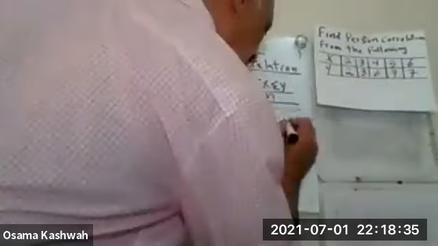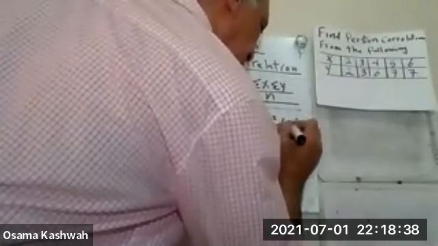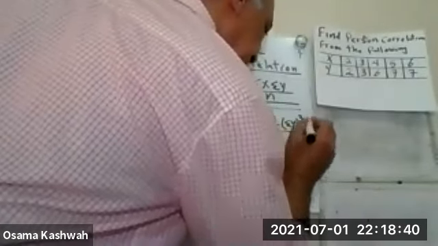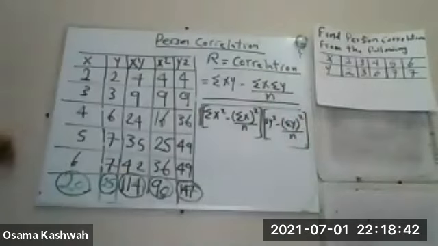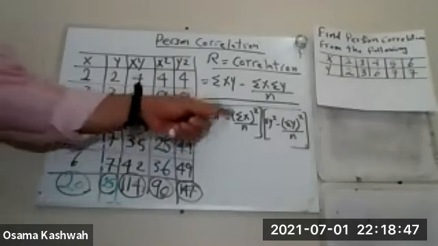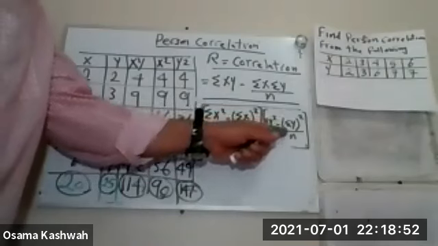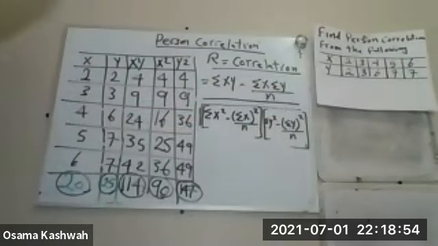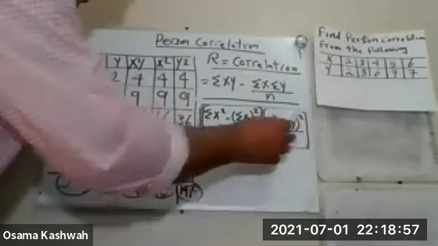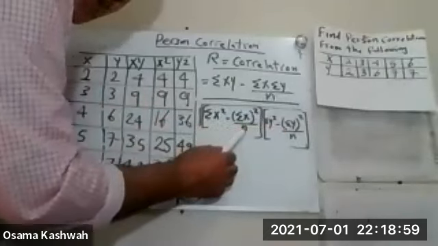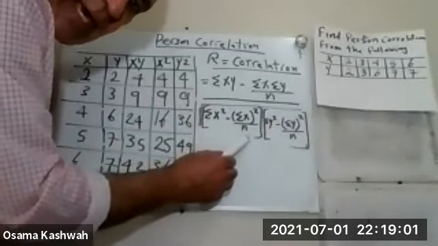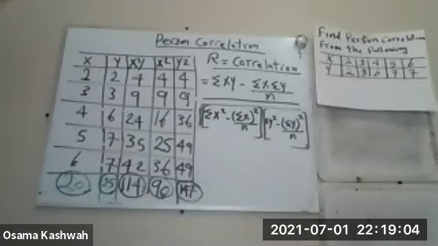Summation y squared minus summation y all squared divided by n. And now close the root. Note that the square is up here. The n is not included in the square.